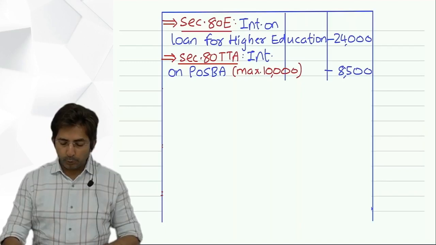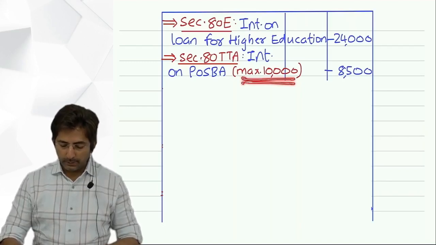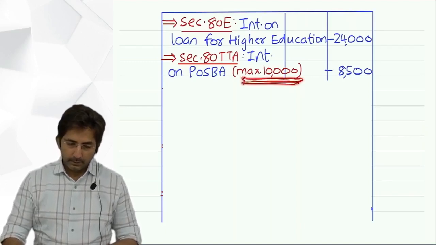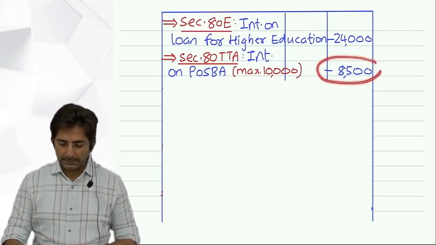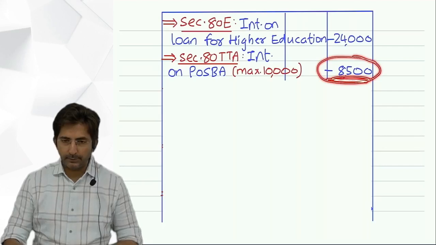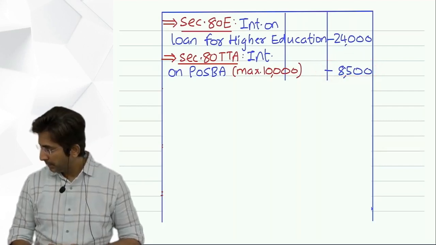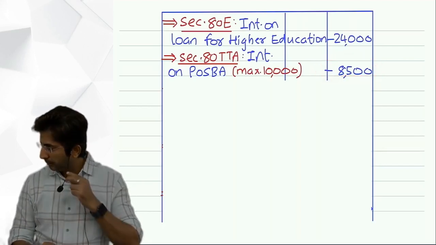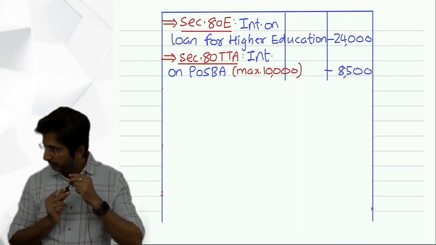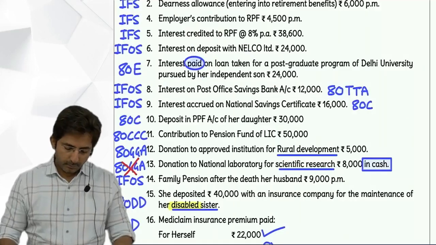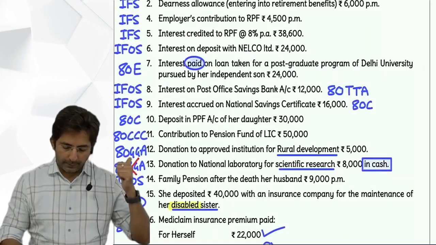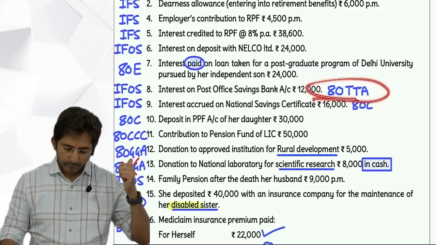In the bracket you show your knowledge that I know there is a limit of maximum 10,000. But because in our question it is less, I have taken less, only 8,500. 8,500 in outer column. Then go in the order of the sum. Next what we have?